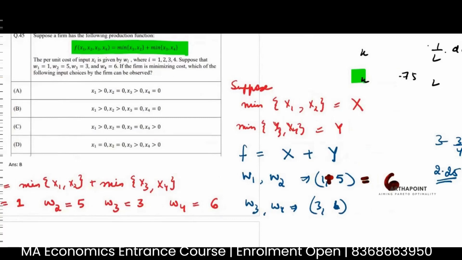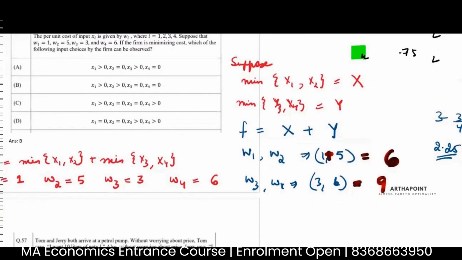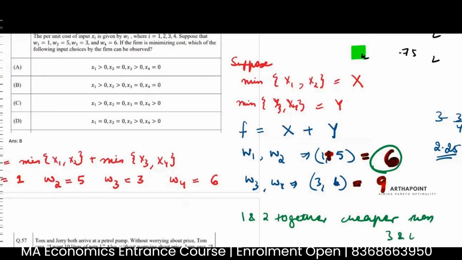And if I use input 3 and 4, the cost is 3 plus 6, which is 9 rupees. So clearly the input combination of 1 and 2 together, which costs me 6 rupees, is cheaper than 3 and 4 together.